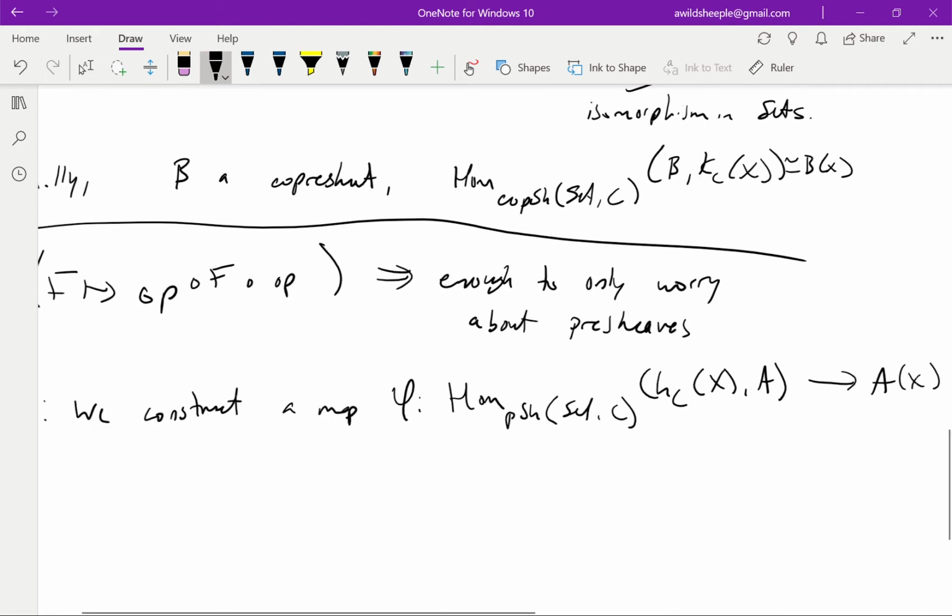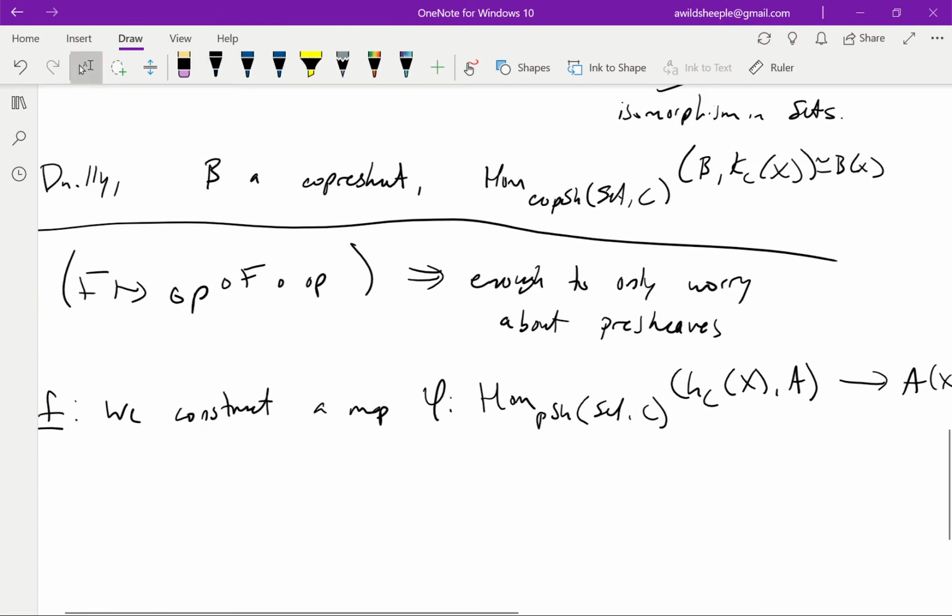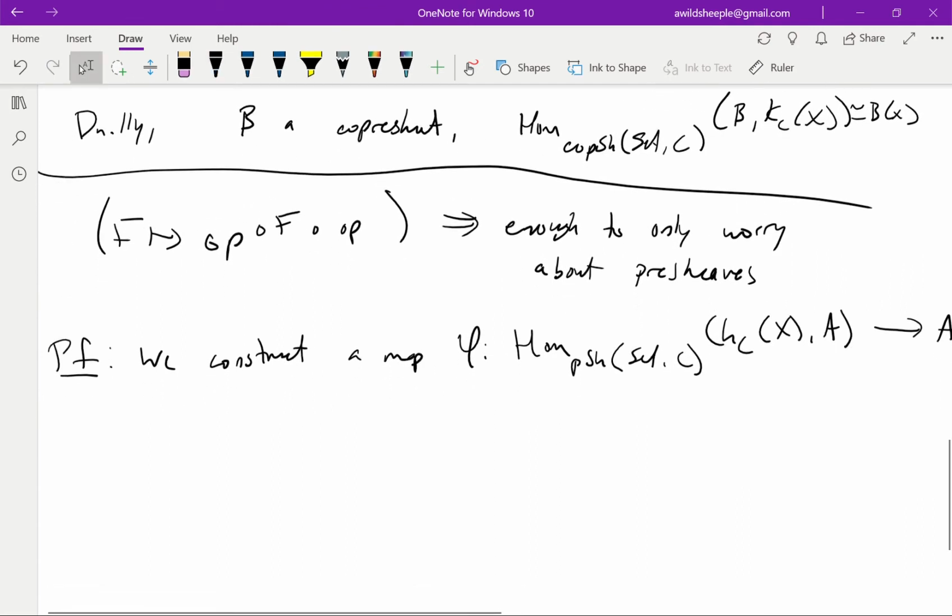I'm going to try not to do that too much. And we're going to do this in a couple of stages because, like I said, there are some layers to this construction. So first, since H_C of X and A are presheaves, they can be evaluated at X. In other words, I can just feed in X. And this replaces our Hom set of presheaves with a Hom set at the level of objects in C itself.